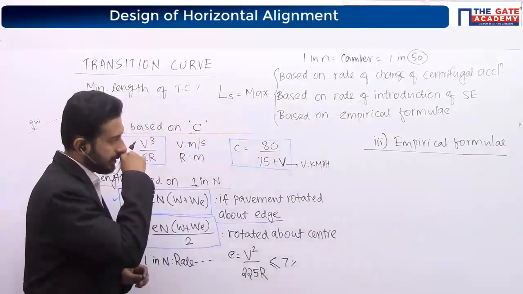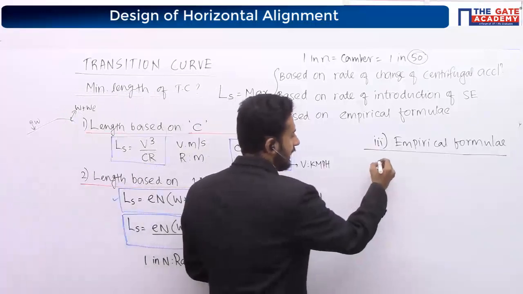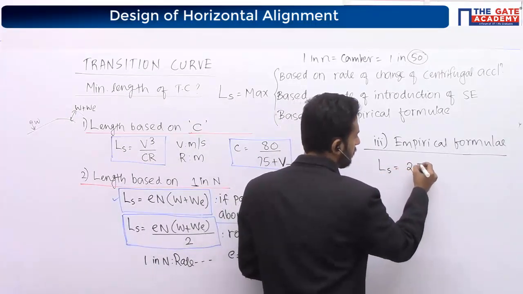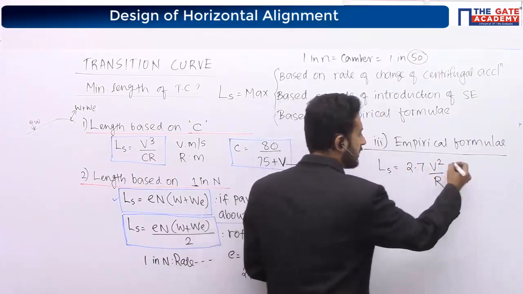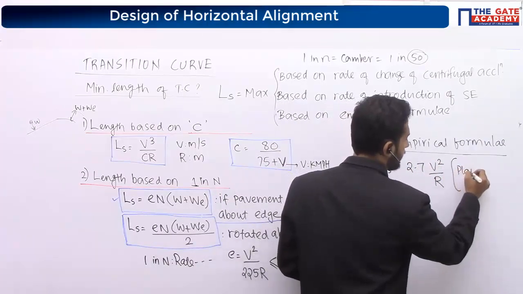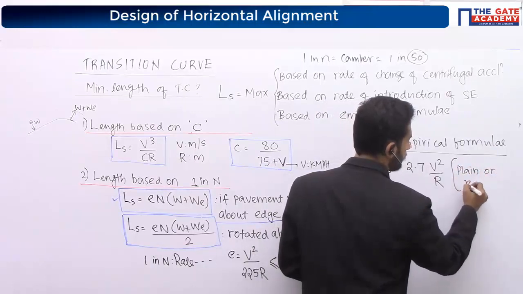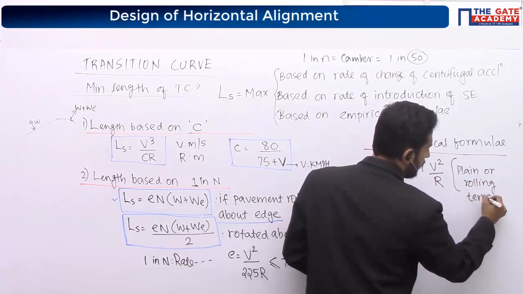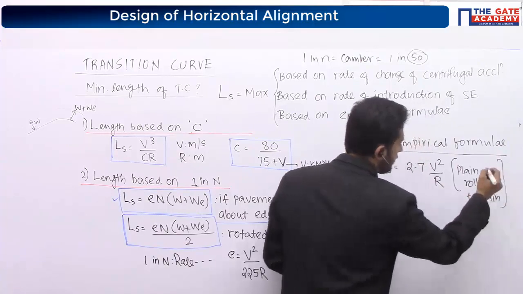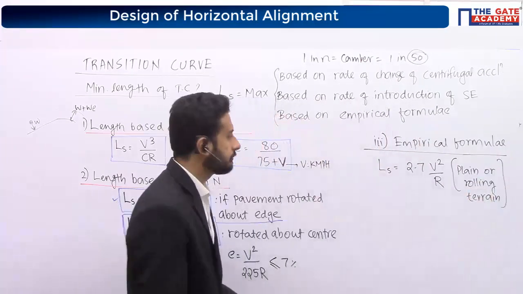Okay, empirical formula. Ls is equal to 2.7 V²/R. It's an equation if it is a plain or rolling terrain. I will tell you what is this rolling terrain. Plain or rolling terrain.